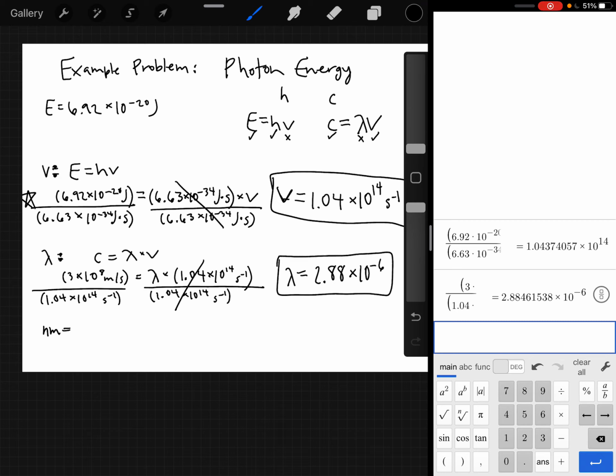Now, the last box on your paper asks you to move it to nanometers. The conversion for nanometers is whatever we were given in meters divided by 1 times 10 to the negative 9th meters. That will get us our conversion to nanometers.